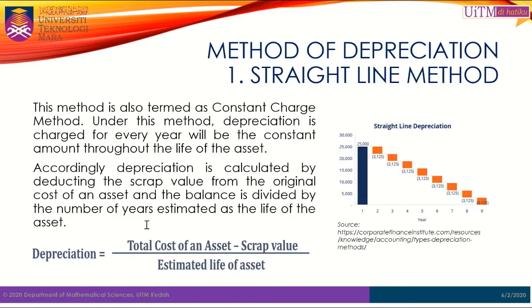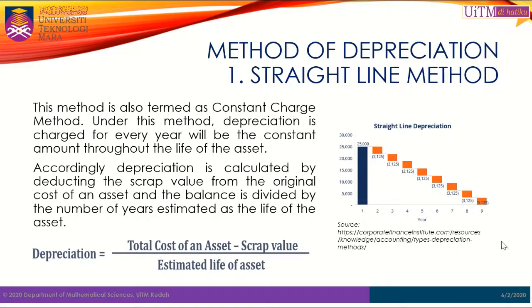So you get 25,000 divided by 9 years, which is 3,125 ringgit per year. For the first year it depreciates 3,125, for the second year it depreciates 3,125, and so on. This is the amount of depreciation, and here will be the book value at the end of the first year, the book value at the end of the second year, and so on. So this is a diagram showing how the straight line method is applied.